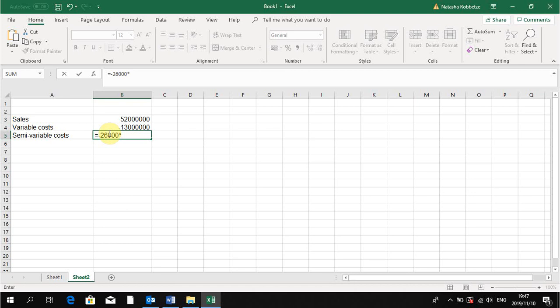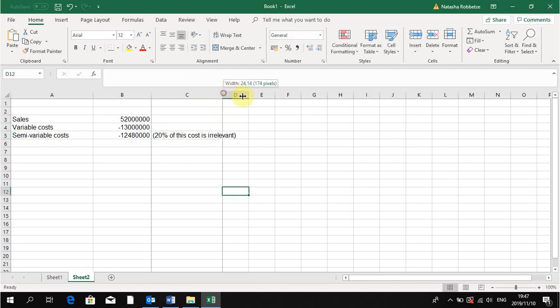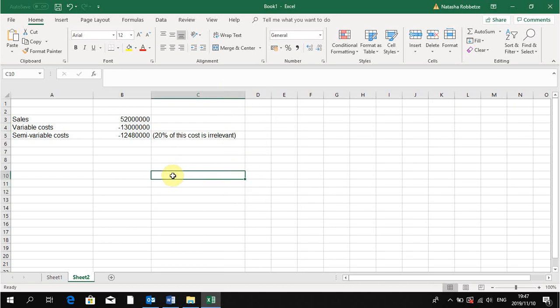Then I'm going to times it by the semi-variable cost, but I'm then also going to times it by 80% because only 80% of it is indeed a relevant cost. So I'm going to type a side note and say 20% of this cost is irrelevant. That's quite important to notice, that 20% of it will be incurred anyway.